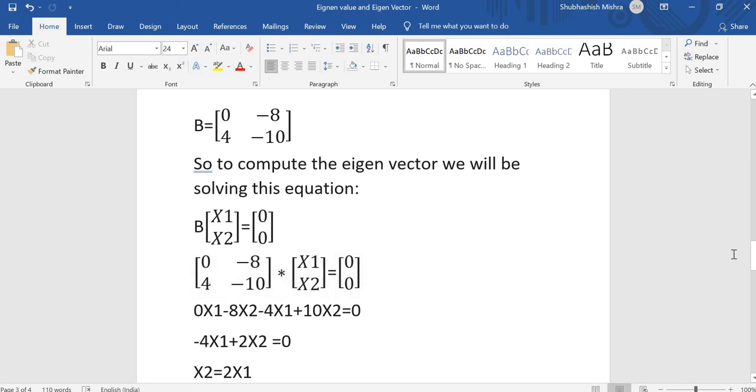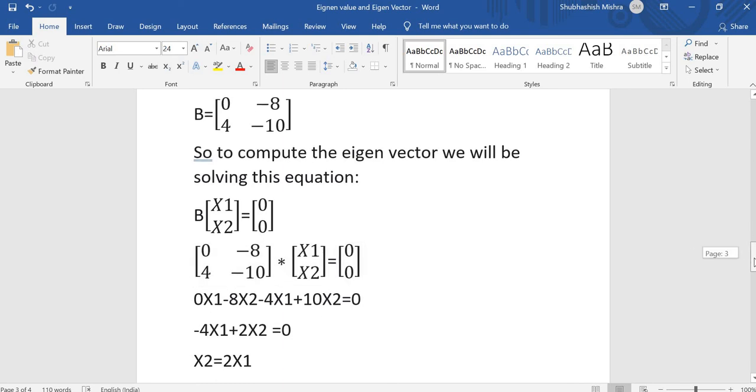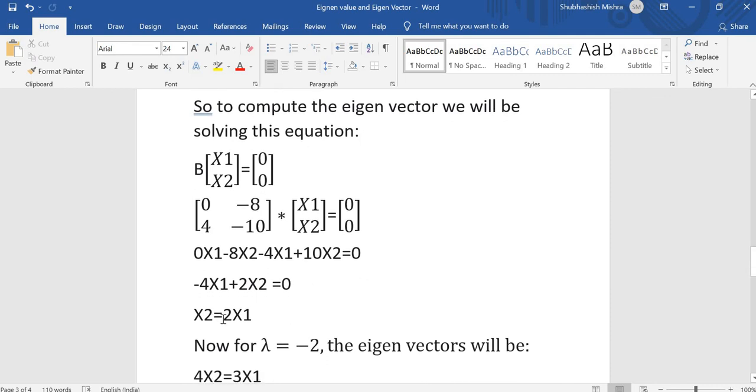So in this way, once we solve this, we get x2 is equal to minus 2x1. So here if our x2 value is 1, then x1 will be 2. So this is the relationship between x2 and x1. So this is the eigenvector that we have found for the specific eigenvalue 8.